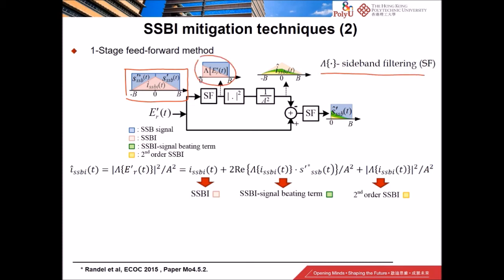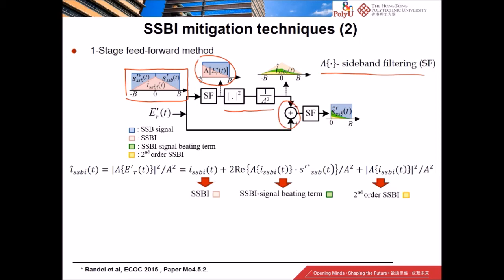Okay, so in that case, the blue is the original SSB signal, and then you do a direct detection, and then you divide it by the carrier power A square. So in that case, you actually recreate the SSBI, the triangle. Okay, so you can use that to cancel out the original receive signal.